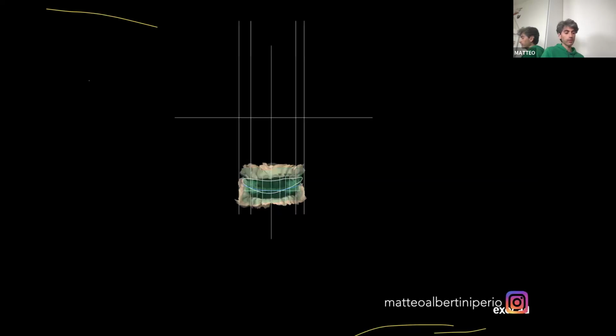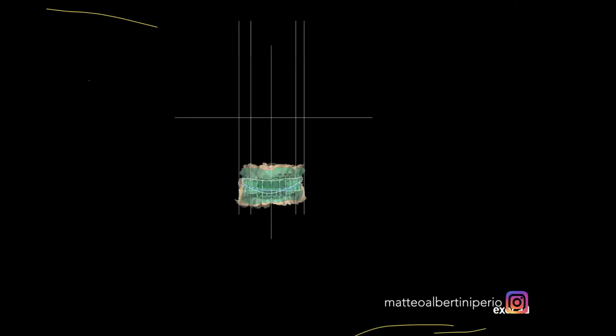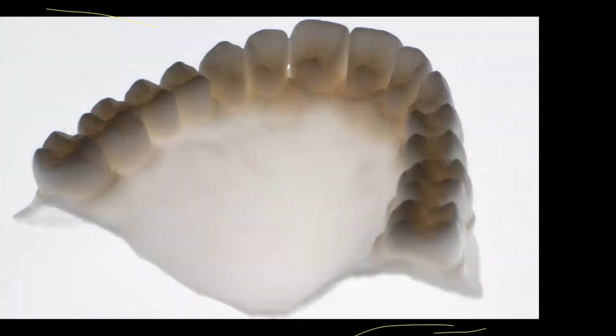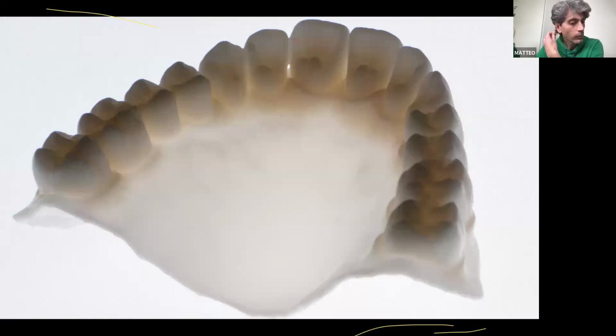Here we were working with a picture of the patient, and we were planning the position of the teeth, and then the position of the implants. So with the CAD/CAM technology, we are going to make a mock-up.